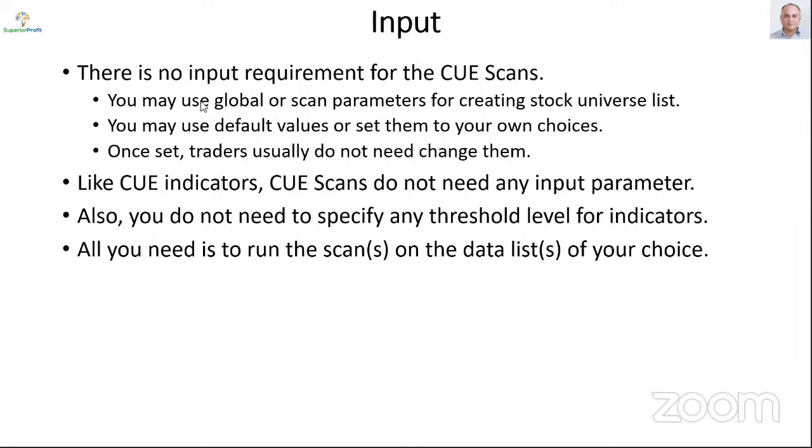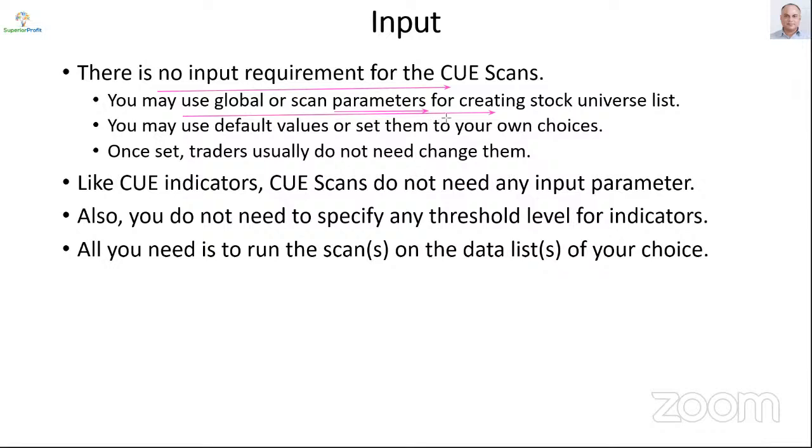Inputs, just like Q indicators don't have any input, there is no input requirement for Q scans as well. You may use global or scan parameters for creating stock universe list. These parameters define how liquid stocks you want to trade. Is it 500,000 shares traded per day or 200,000 shares traded per day?